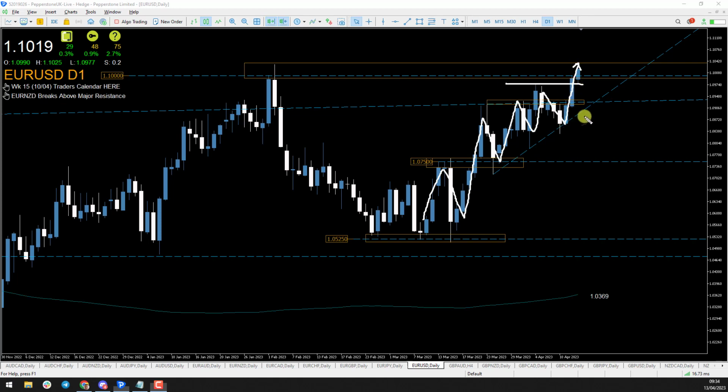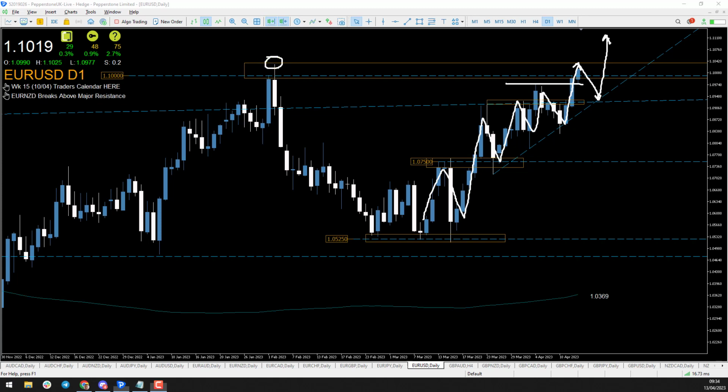So another option we can look for is for price to pull back into this trend line support. You can see I've got a zone marked in there as well, which is around the 1.0925 area. In and around that point we could find support and price could continue to trade to the upside. But really, I want to see a couple of closes above this high.